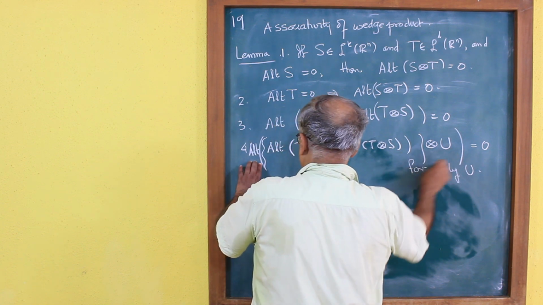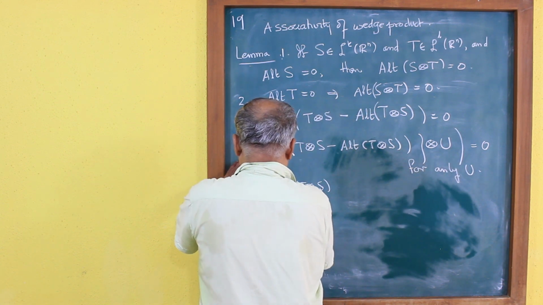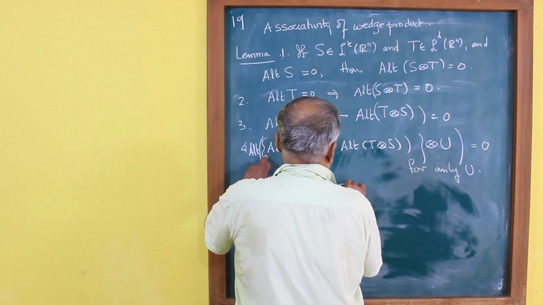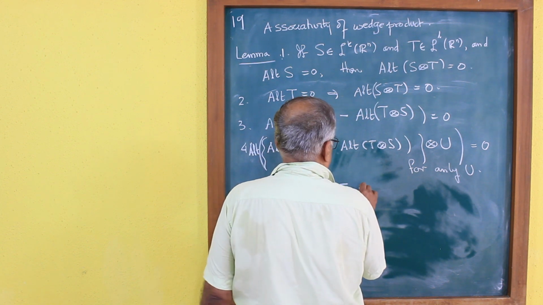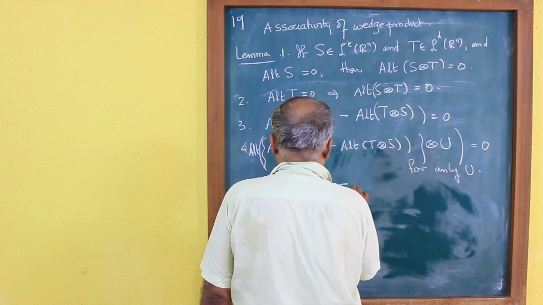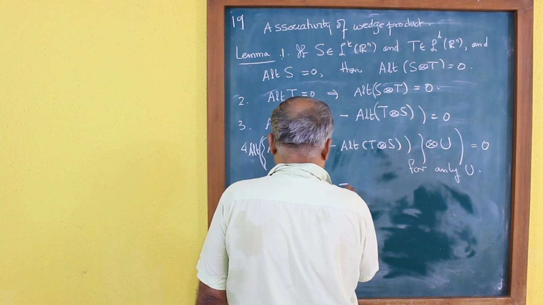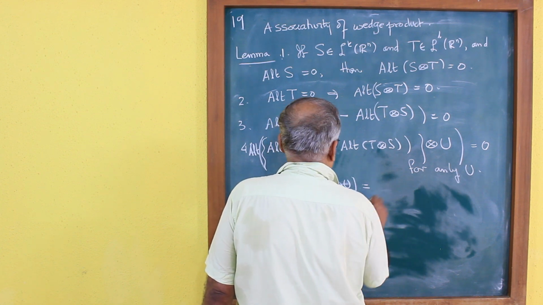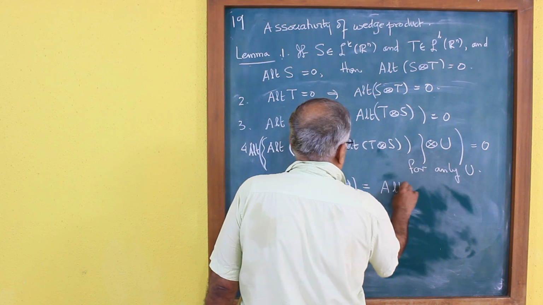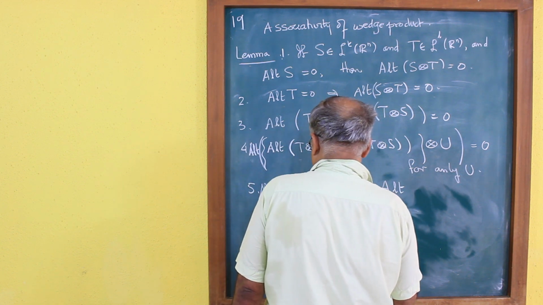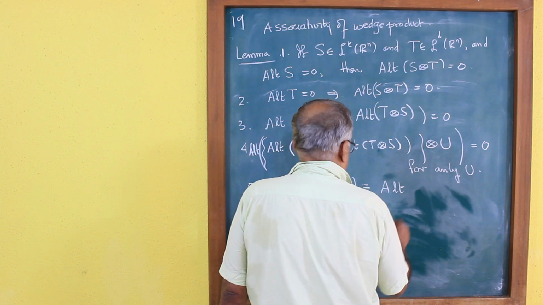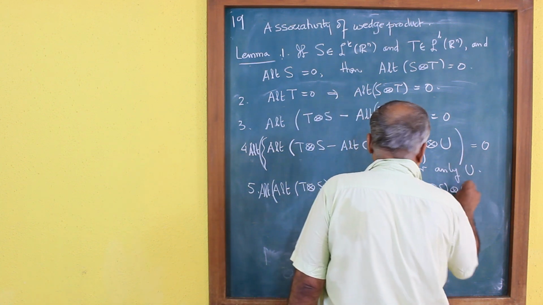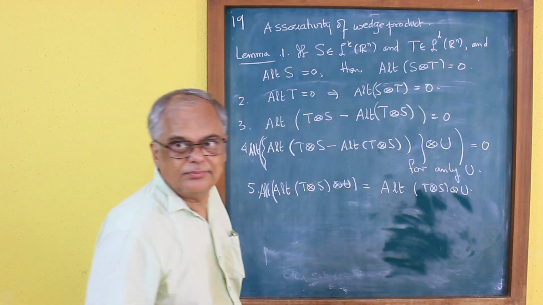Alt of this whole quantity is 0, which is alt of T tensor S minus alt of T tensor S, so alt of T tensor S tensor U is equal to alt of alt of T tensor S tensor U. Let's stop here.